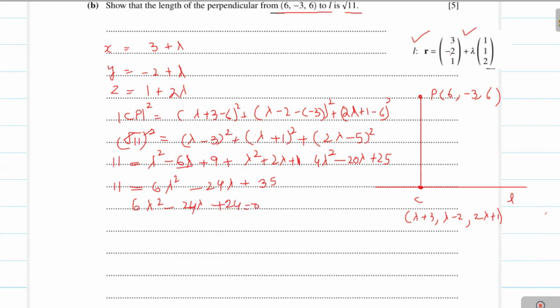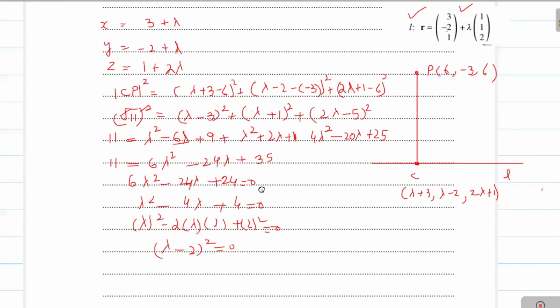We can write plus 35 minus 11 is plus 24. Now we divide this equation by 6. We get lambda square minus 4 lambda plus 4 equal to 0. Therefore, we can write this lambda square minus 2 lambda into 2 plus 2 whole square, which can be written as lambda minus 2 whole square equal to 0.